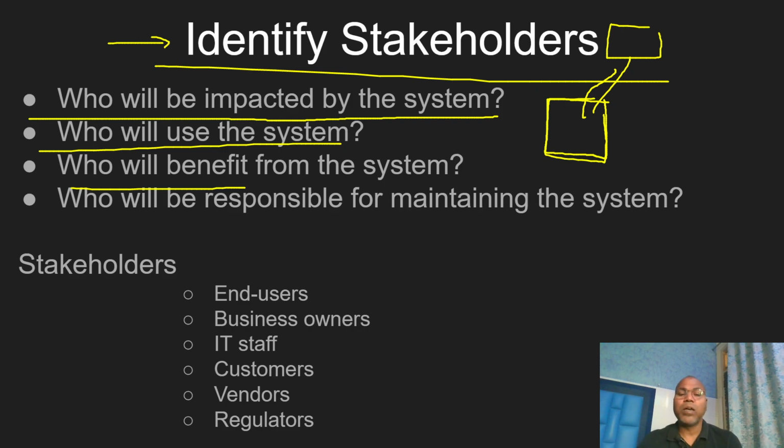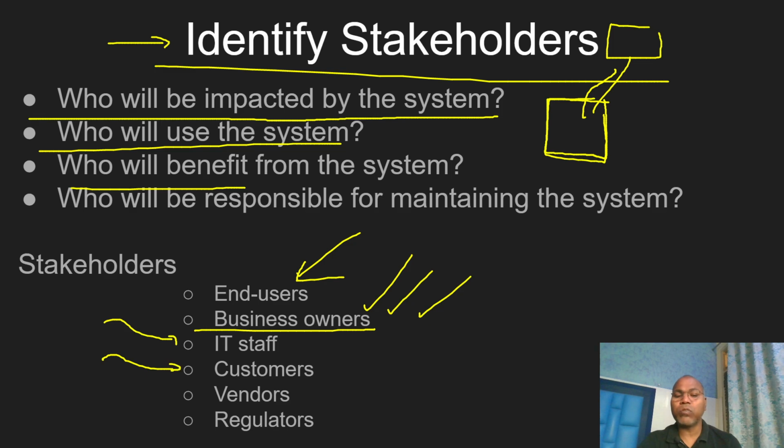For example, stakeholders means individuals who are going to use it: maybe a business owner, manager, CEO, top-level people, maybe your IT staff, maybe the end customer, maybe a third party vendor, or maybe a regulatory agency. Because all the stakeholders have a different nature in the way they interact with systems.